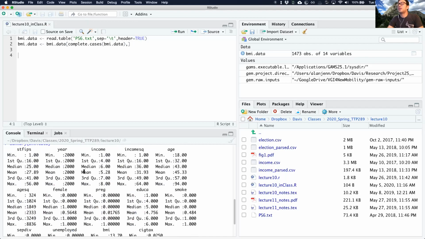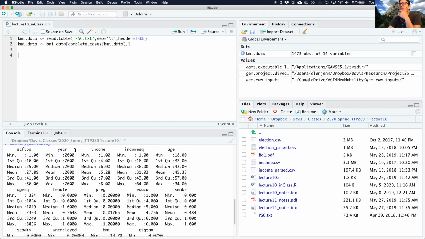Okay, so let's look at the columns. State FIPS code. So this basically tells you, I believe these are just state codes.